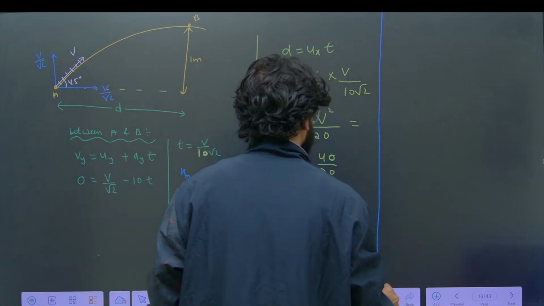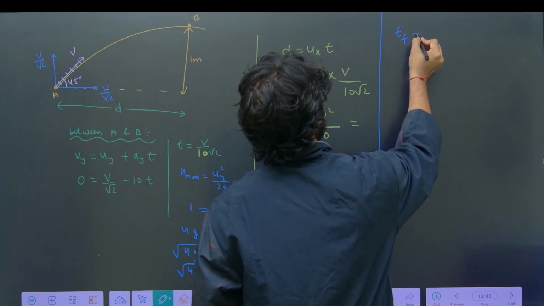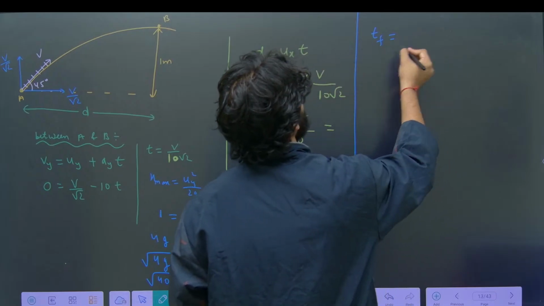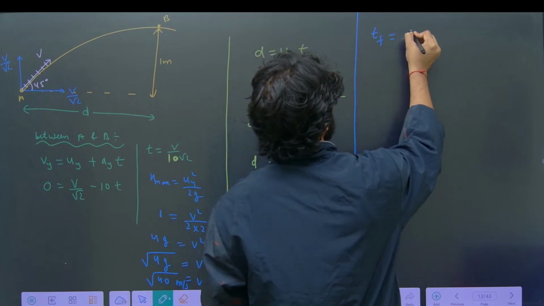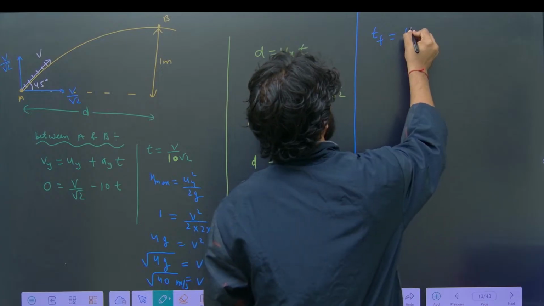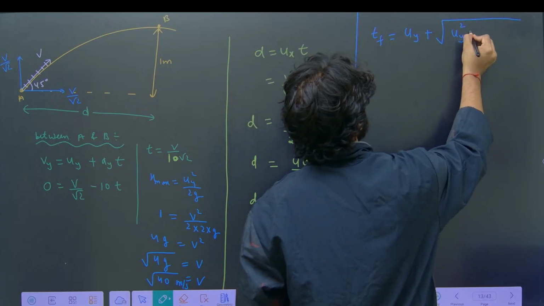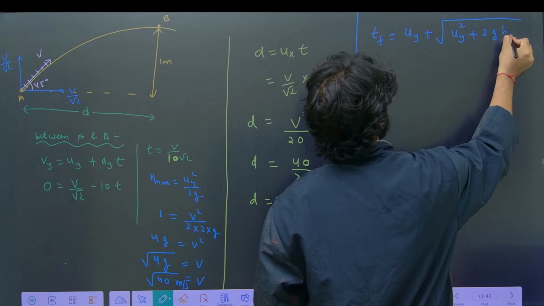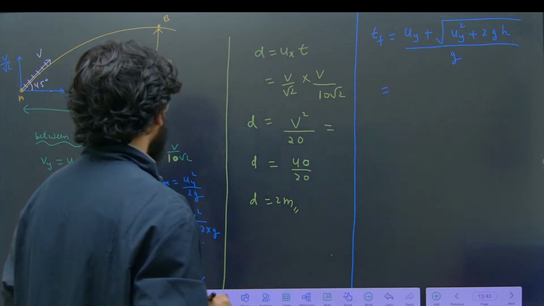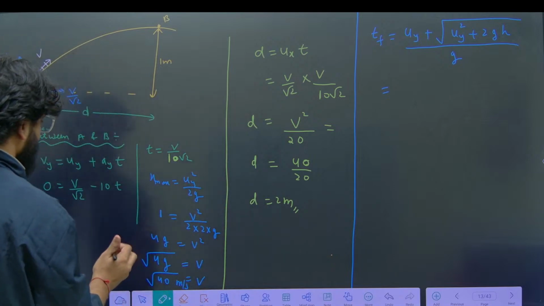After that, we know what is the entire time of flight. It is nothing but Uy plus under root Uy square plus 2gh upon g. Over here Uy is V upon root 2, V is this.